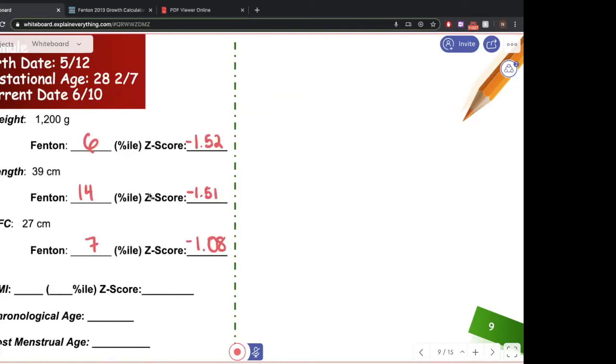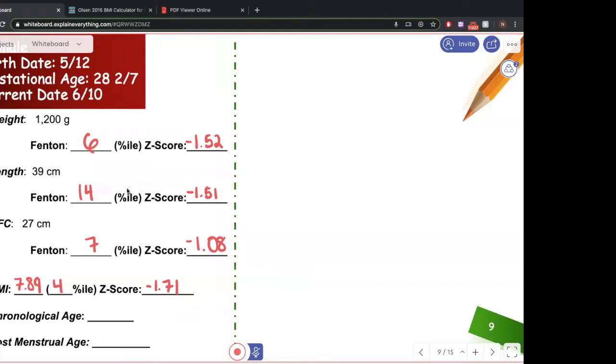Here are the answers I got from the Fenton growth chart. They do seem pretty low, and the z-scores are also negative, but they do seem proportionate. But let's go on to the BMI now. Remember, for the BMI, we have to go to the Olsen growth chart. Here are the values we got for BMI, and that seems very low. Yes, this baby is actually not growing well right now.